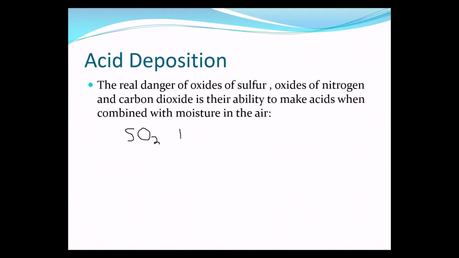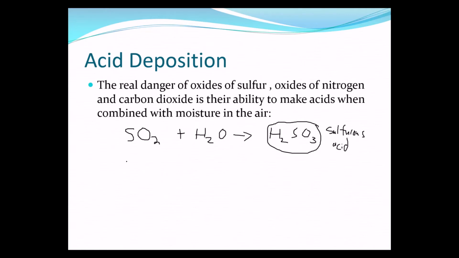It combines with water in the air, and it makes H2SO3. This chemical reaction is called acid deposition. And this is bad. This is sulfurous acid, and that's the main cause of acid rain.